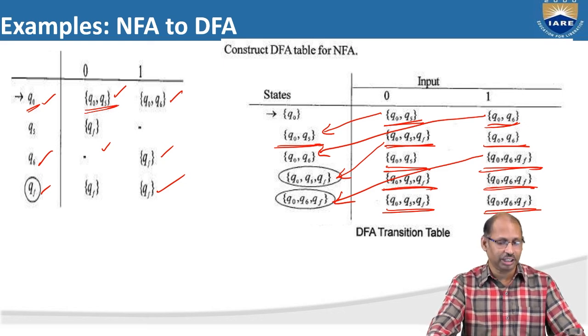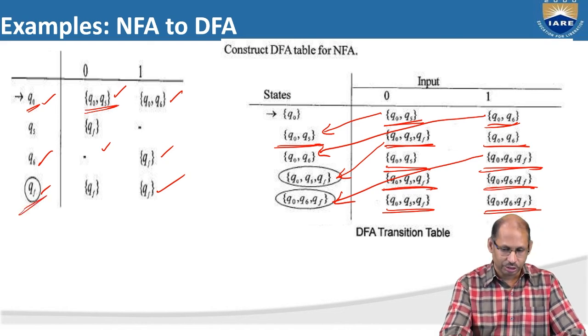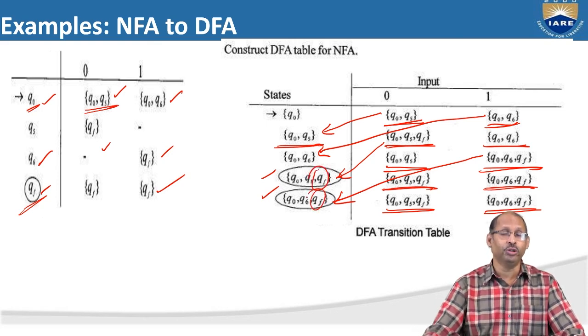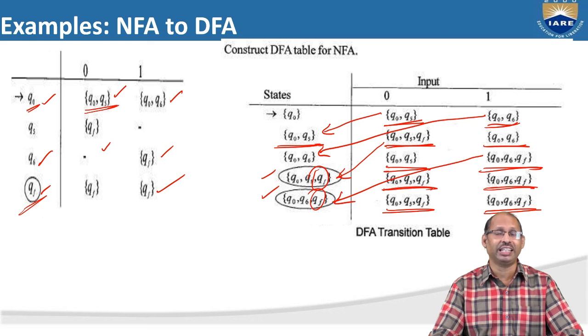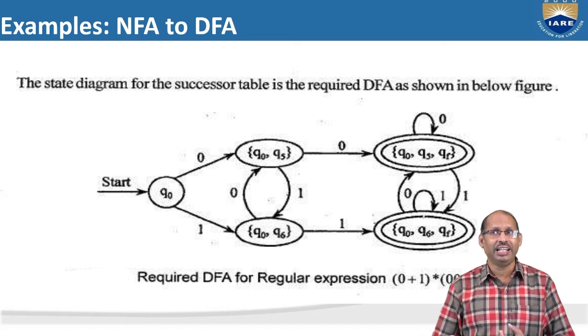Then which are the final states? Here in NFA, QF is a final state. So both the states in which QF exists are considered as final states of the DFA. Right? So this is the transition diagram for the DFA which is equivalent to the given NFA.